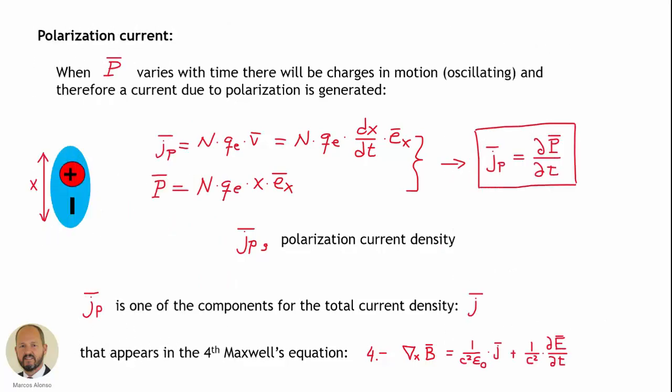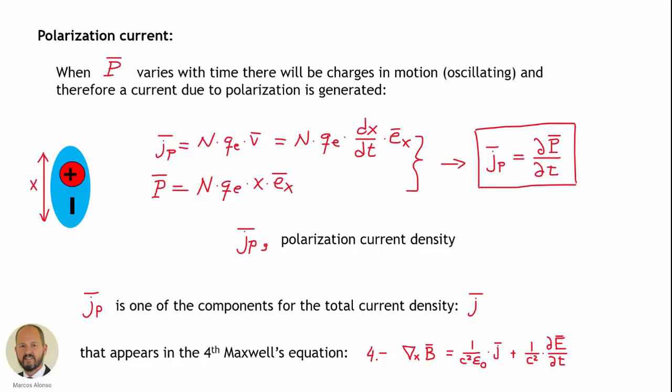But then we have another effect of dielectric materials on Maxwell's equations, which is the polarization current. And this is a quite curious phenomenon, because even though dielectric materials are good insulators, there is going to be a current generated inside the dielectric materials.